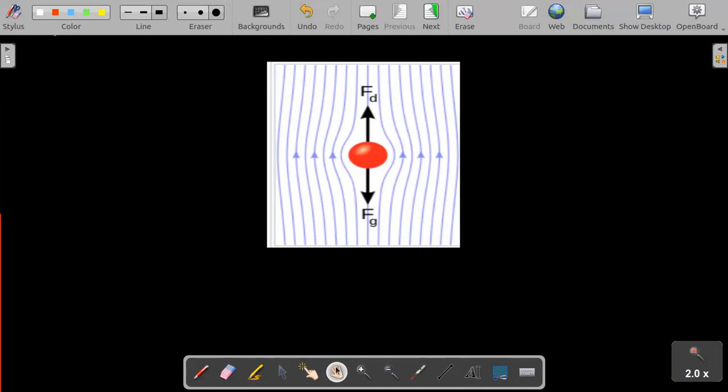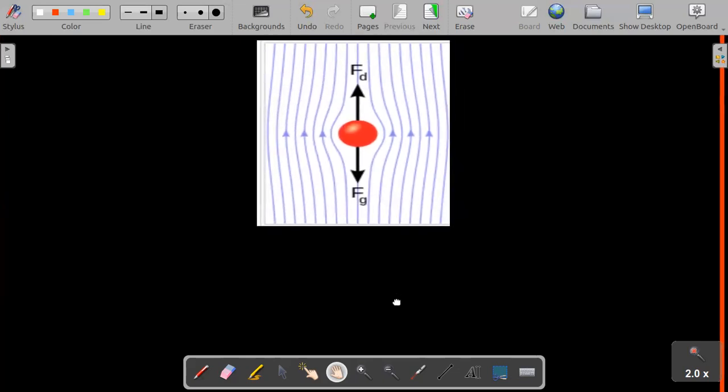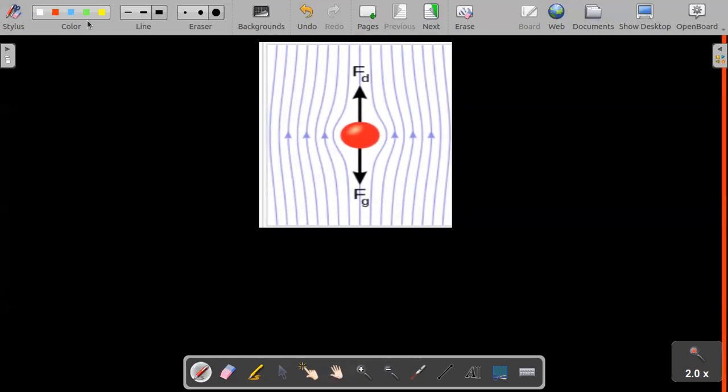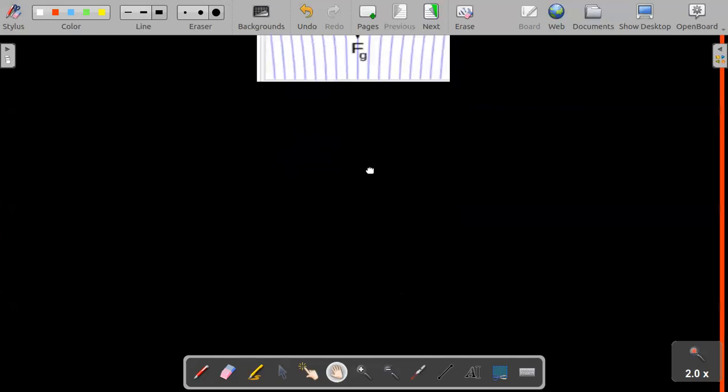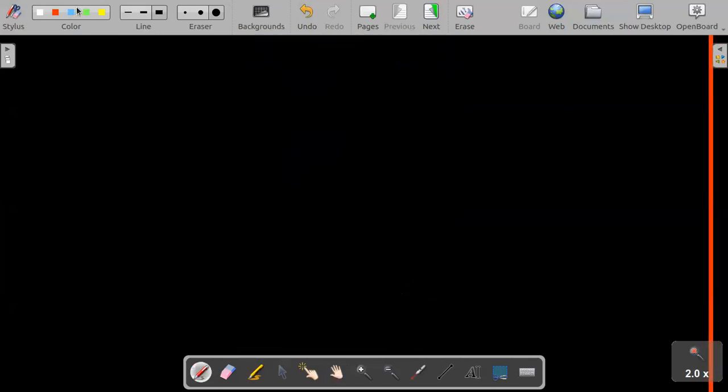I would like to share a few observations made by Sir George Stokes. When a spherical object is dropped in a fluid, he observed that the viscous force F is proportional to a few things.